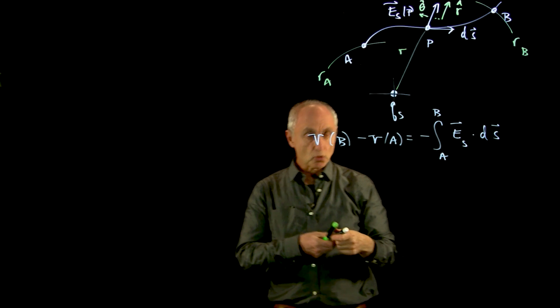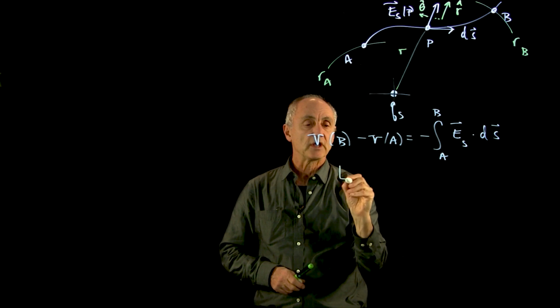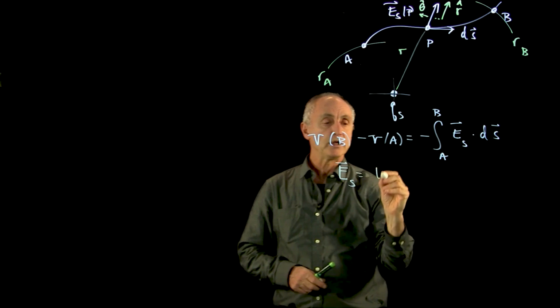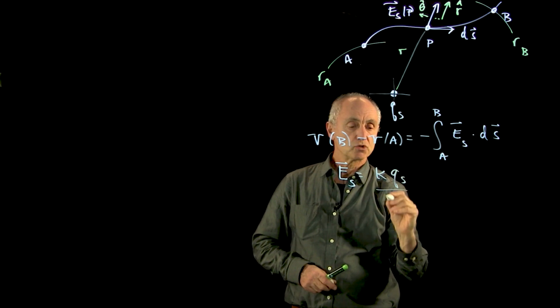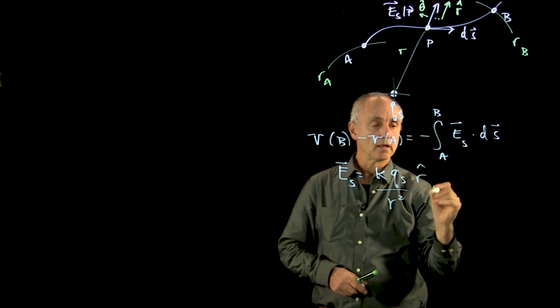So now, in this coordinate system, we know that the electric field of a point charge is just QS over R squared R hat.